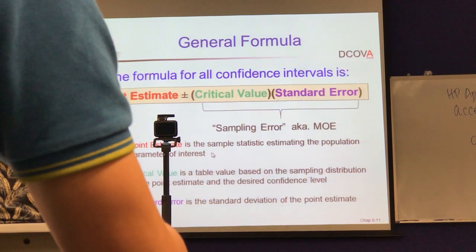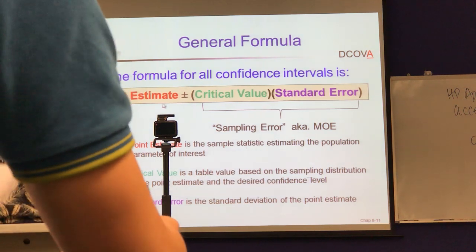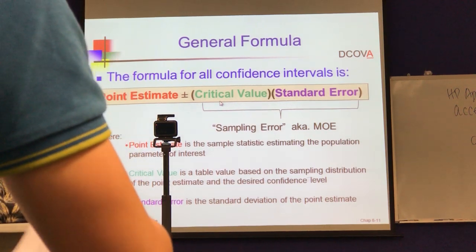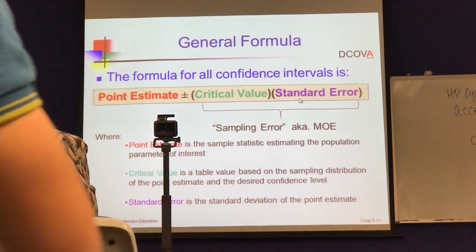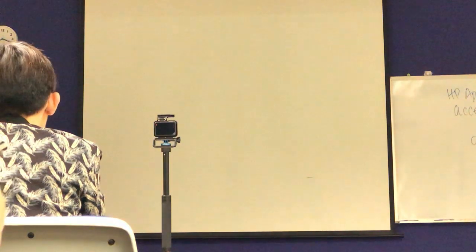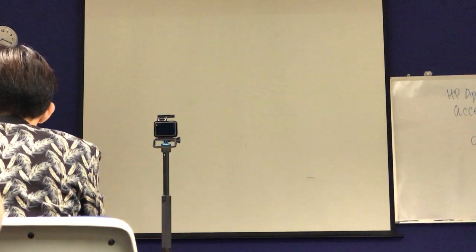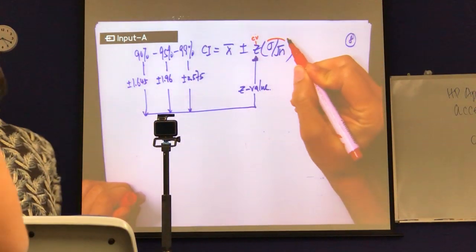I just wrote down the point estimate X bar, plus minus Z, which we call the critical value, and sigma over square root of n. So let's add on to this. This is the critical value. This one here we learned earlier last chapter.